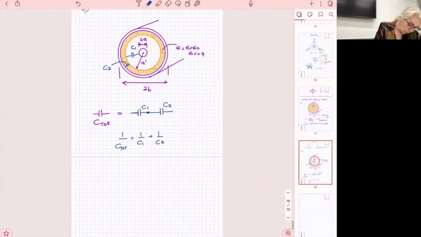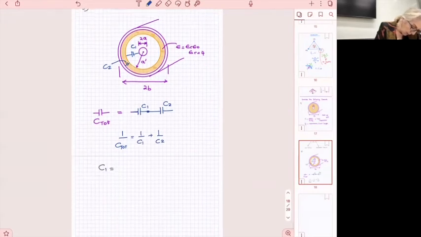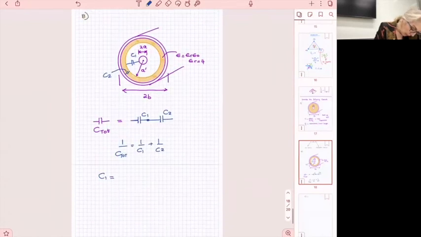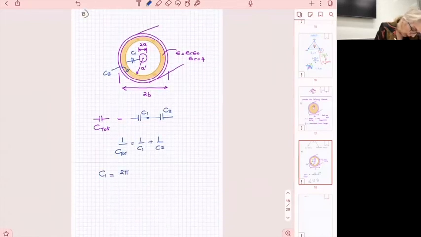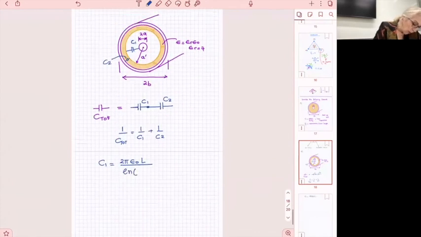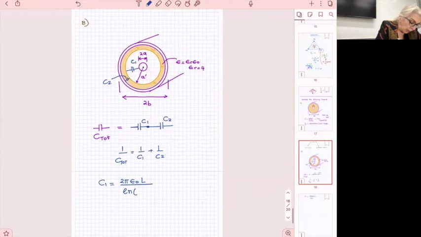And how do we find C1? C1 is going to be this formula we had, 2 pi epsilon free space L divided by natural logarithm of B over A. Now the larger dimension is going to be A prime.